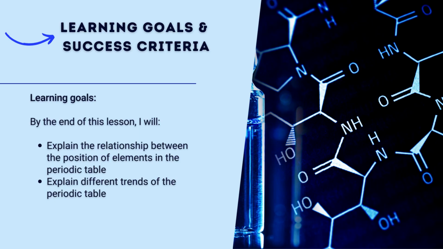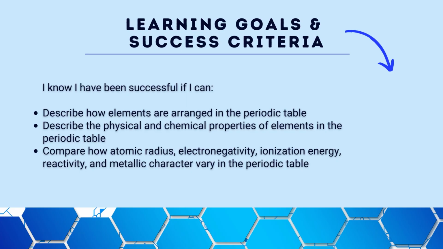The learning goals for this lesson include explaining the relationship between the position of elements in the periodic table and explaining different trends of the periodic table. Success criteria, or knowing that you have absorbed all of this lesson's knowledge, can be determined by whether you can complete the following tasks.